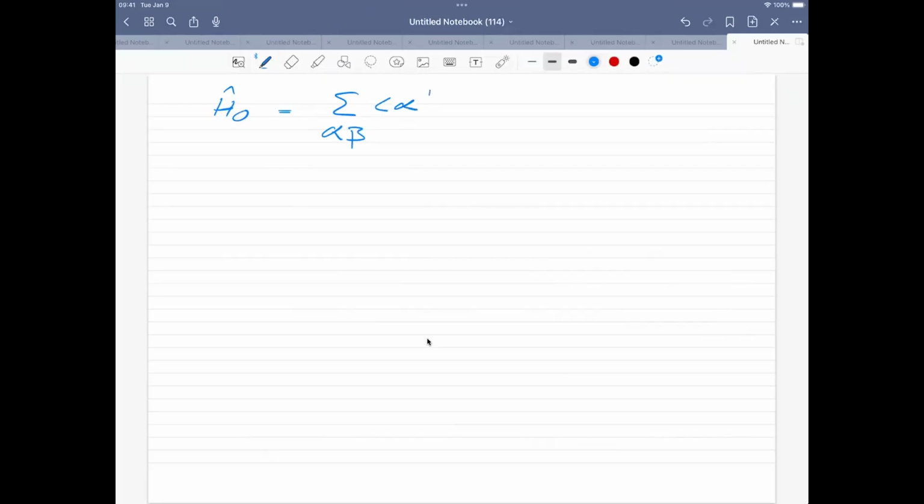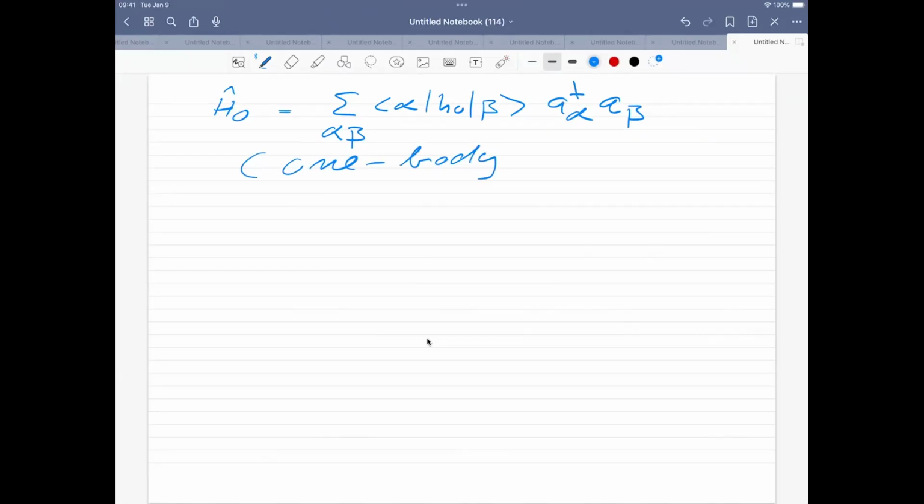And then we have a transition probability, or if beta and alpha are eigenstates of H0, this just becomes equal to a single sum. But let's just assume that it looks like that. And this is going to be given by a creation operator and an annihilation operator. So this is the so-called one-body operator.